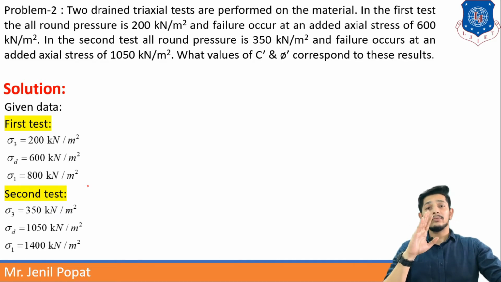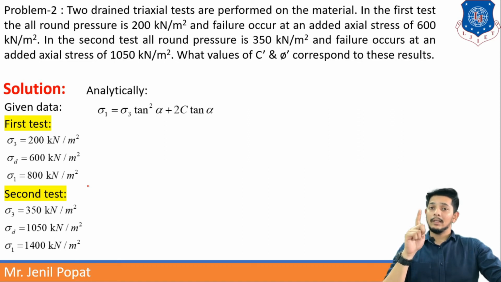Now the formula or equation to remember for triaxial test is sigma 1 is equal to sigma 3 tan square alpha plus 2c tan alpha. This formula is given from triaxial test and we have to remember it to solve numericals. Now sigma 1 and sigma 3 are related with alpha as well as c.